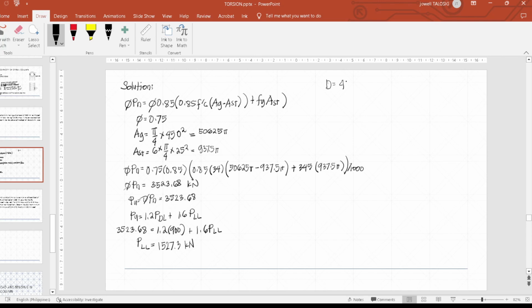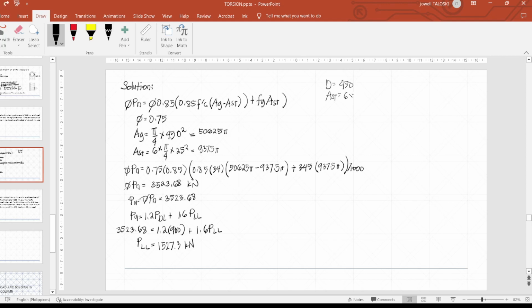Okay, so as you can see in our solution, phi Pn is equal to phi 0.85 quantity 0.85 f'c (Ag minus Ast) plus fy Ast. Okay, so we need to write the given to determine the values, no?